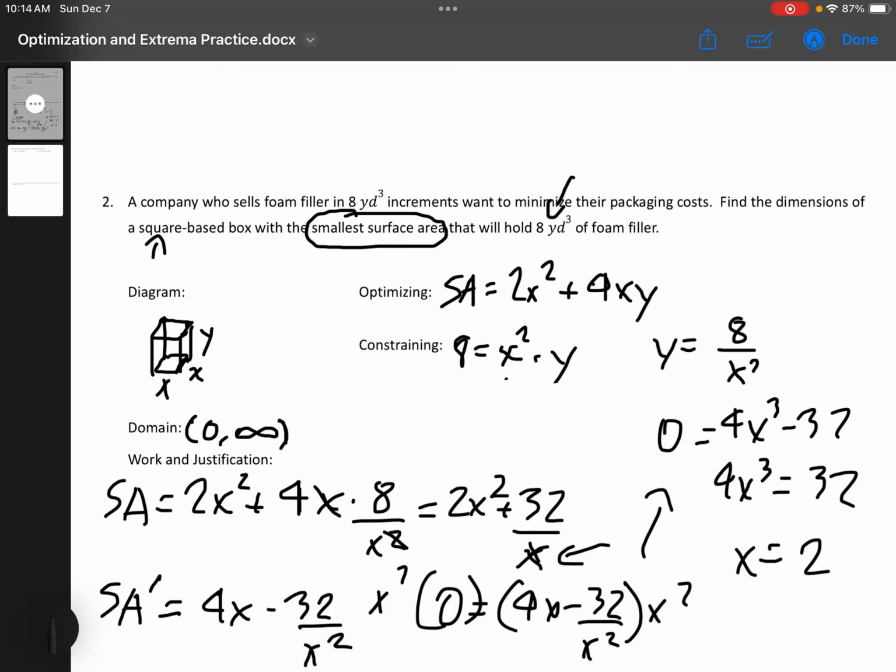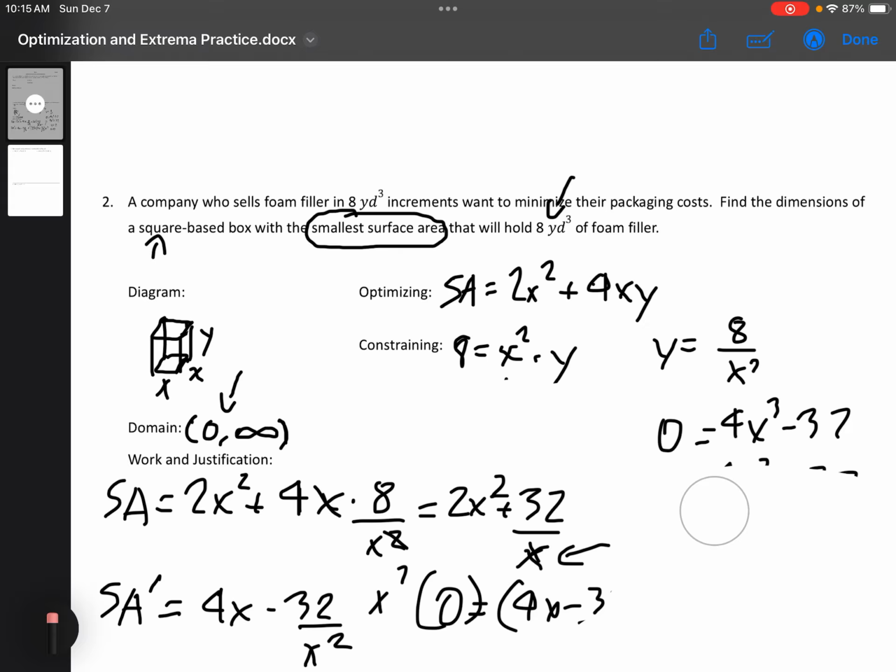And you would also see that x equals 0 is another critical value, because that would make the derivative undefined, but we're not including x equals 0 because it's not in our domain. So we know that the critical value is x equals 2.